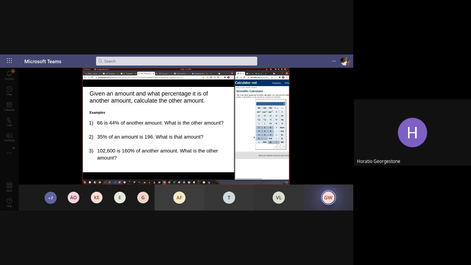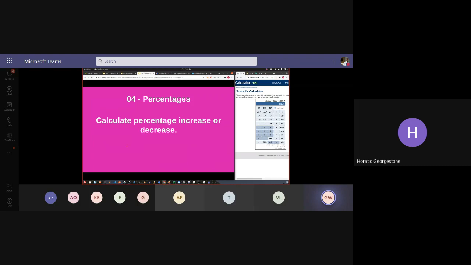So 102,600 divided by 160% is 1.6, and we get 64,125, or we can divide it by brackets, 160 divided by 100, and we get the same answer.